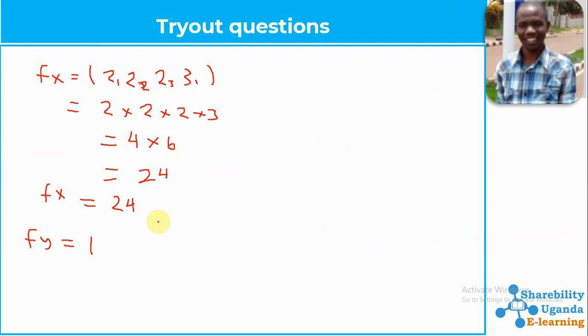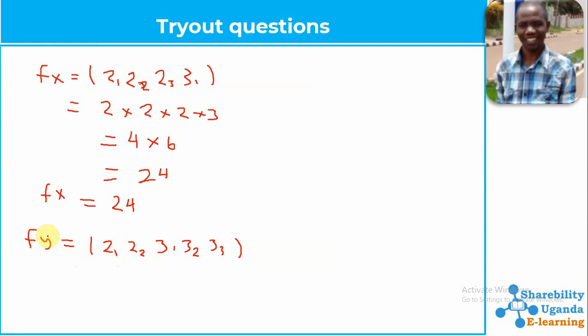So we are saying our prime factors of y: we have our 2 1, our 2 2, then our 3 1, our 3 2, and our 3 3.